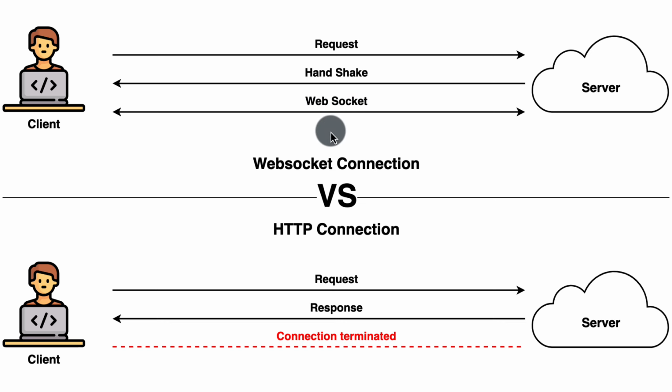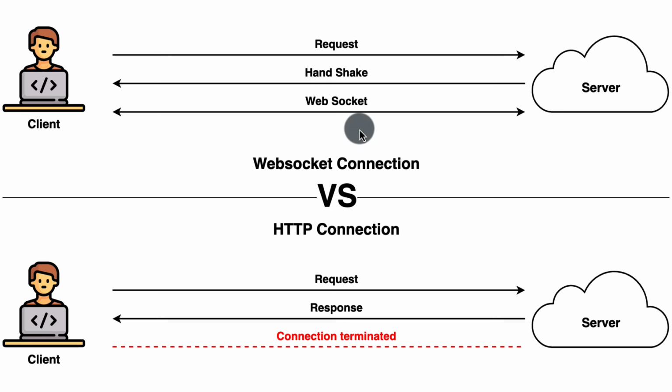The second key difference is connection. HTTP connections are closed after each request-response pair, and while HTTP 1.1 added the ability to keep connections alive for multiple requests and responses, it still fundamentally operates on the principle of individual request-response pairs. In contrast, a WebSocket connection remains open, providing a persistent connection between the client and the server.